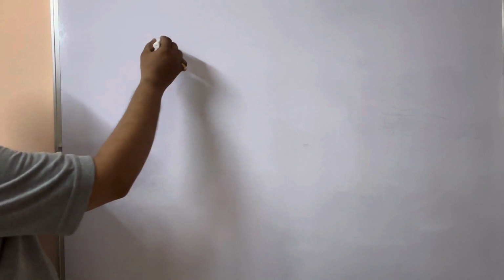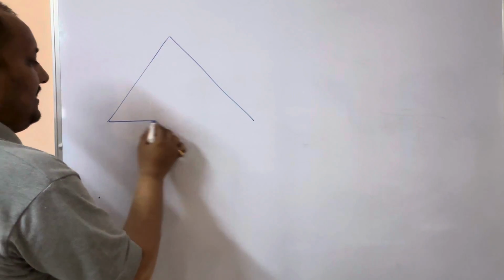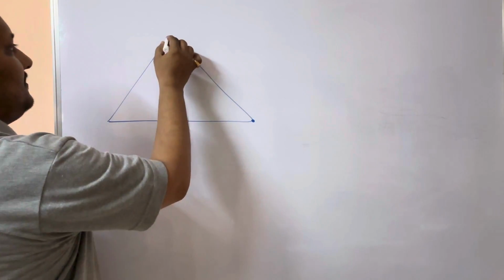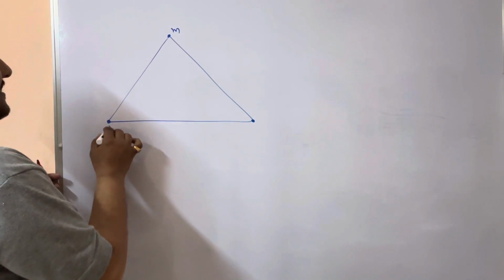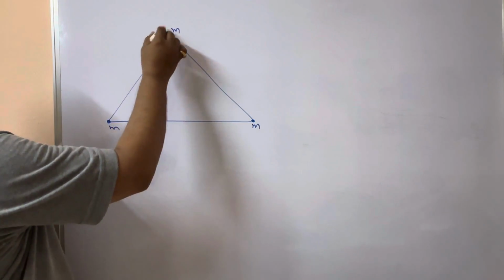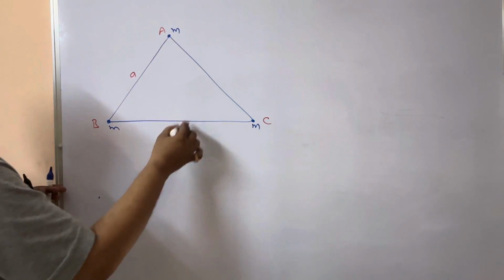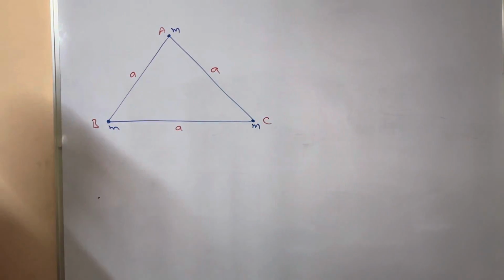In the previous class we discussed, in gravitation, the resultant force on any one of the masses when three identical masses are placed at the three corners of an equilateral triangle of side a.